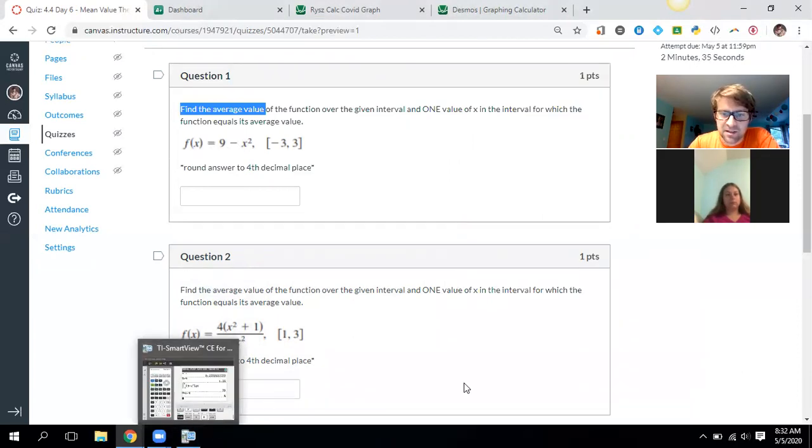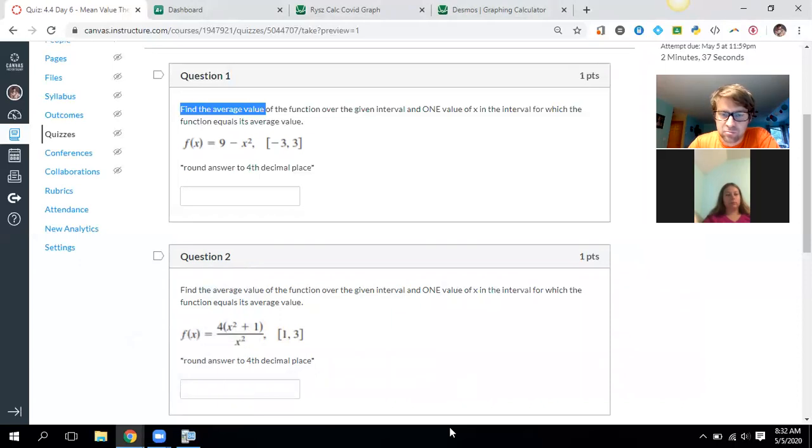Let's annotate here. We know this function, 9 minus x squared. We want to figure out when it equals the average value of 6. So we take the equation, find the average value, and then go back and set the function equal to that.